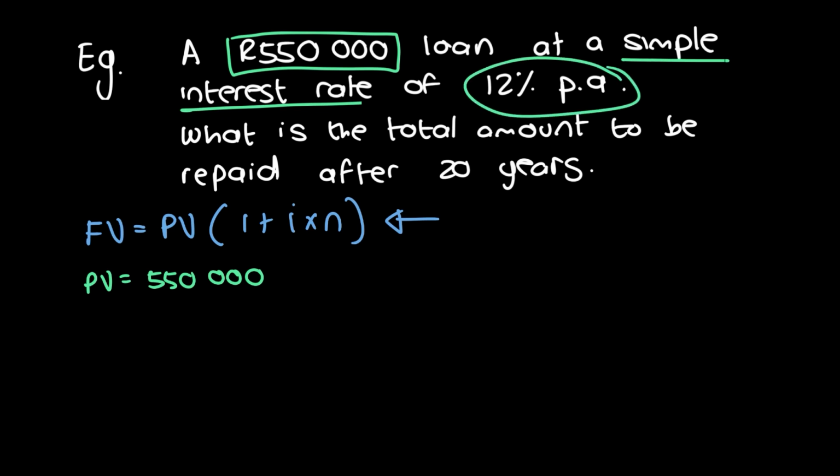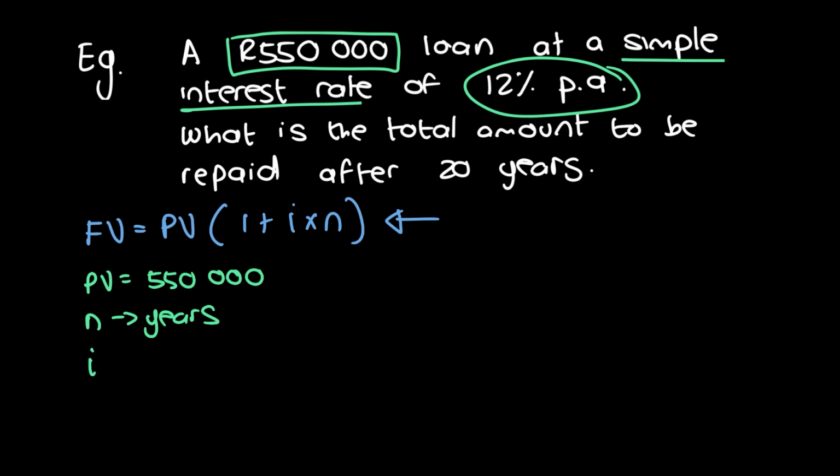The per annum is important because our n has to coincide with our interest, particularly in regards to simple interest. So it's per annum, which means our n should be in years.